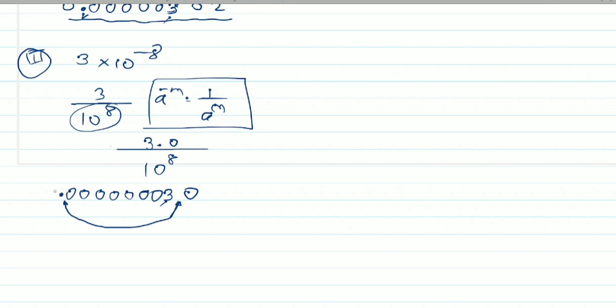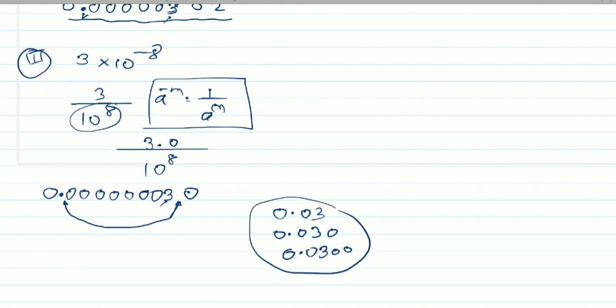Decimal point is shifted here and we will give 0 here. So that's the final answer. Now see, if I write 0.03 or I write 0.030 or I write 0.0300, it's the same thing. So even if you don't write this 0 or if you write this 0, it does not make any difference.